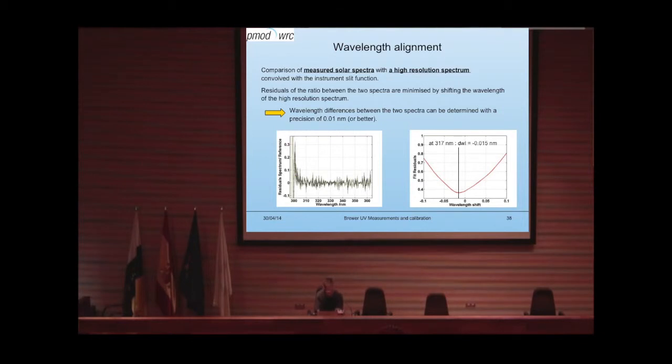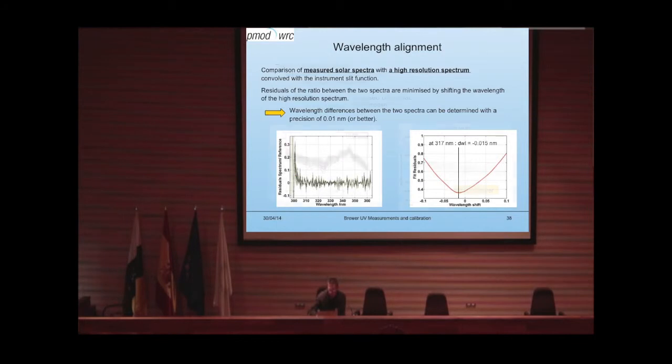And if I pick one wavelength, 317 here, and I plot it against the applied wavelength shift, then you can see that there's a very clear minimum where the residual are minimum. And this minimum means that at this place, both spectra agree the best. And that tells me that the best agreement between my reference spectrum and my measured solar spectrum at 317 nanometer requires a shift of 0.015 nanometer.